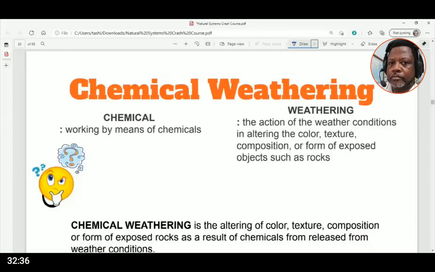It is some reaction that is actually causing the rock to break down. So we have a change in color, texture, or the actual makeup or the form of the rock that causes this rock to be broken down as a result of some chemical that has been released, right? Do we understand the difference between chemical and physical weathering?